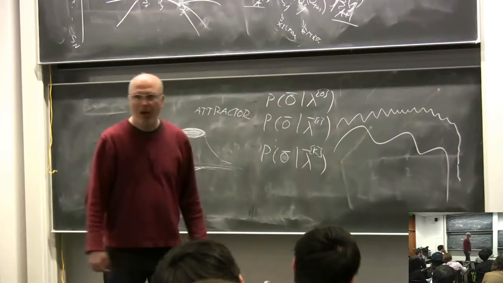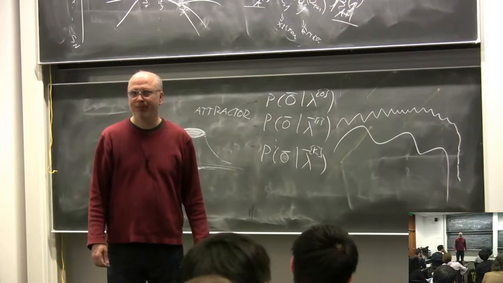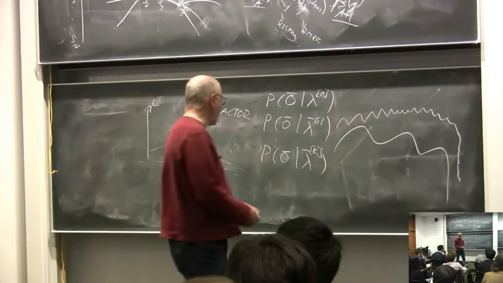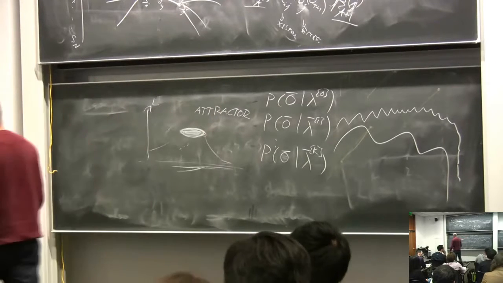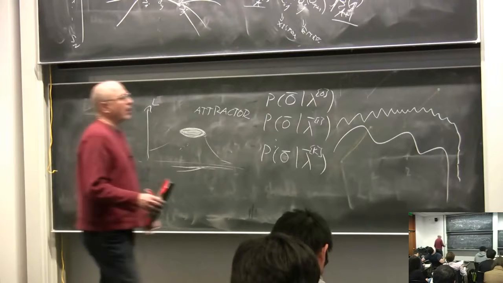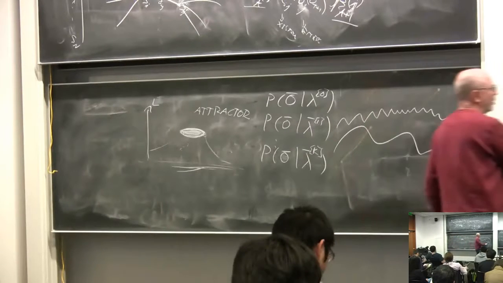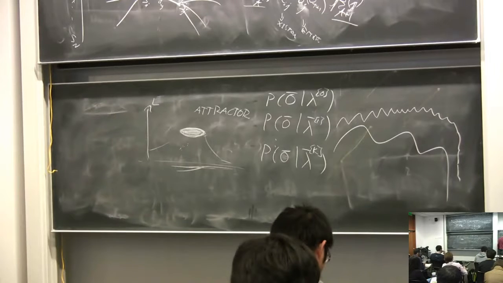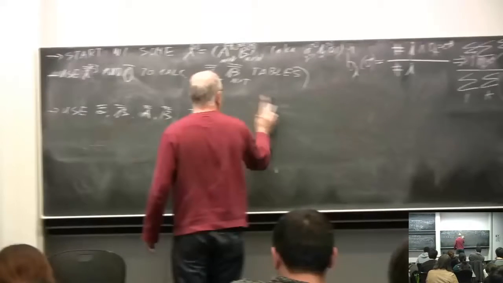Okay, are we ready to move on? Okay, so we're going to move on completely. We're going to talk about how to combine different types of evidence or different information sources into a combined model.